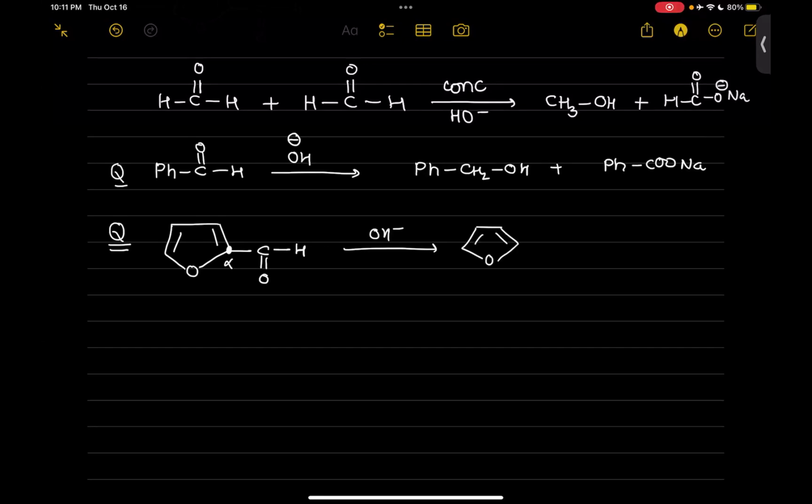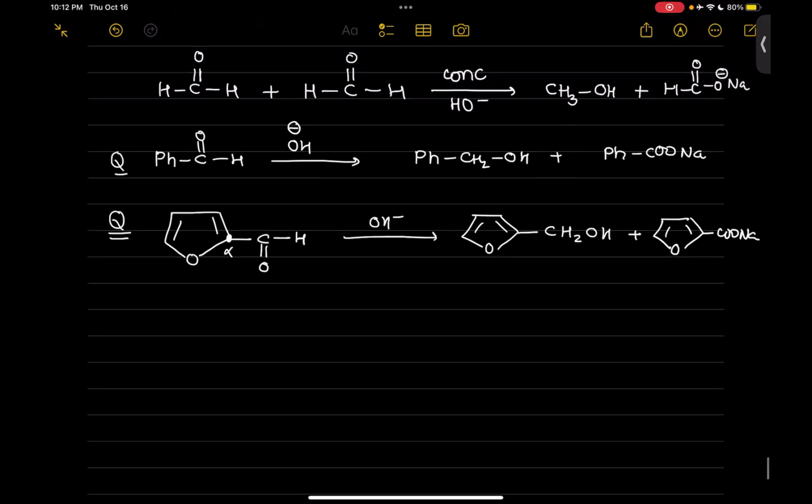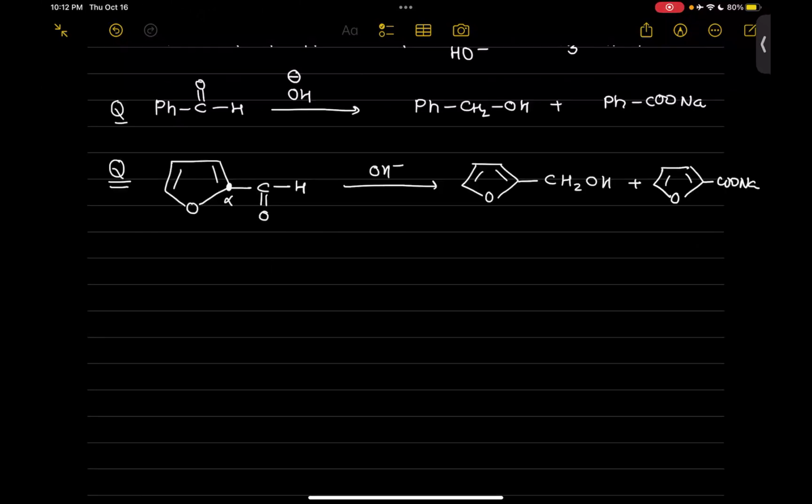Just keep the remaining part as it is. And in Cannizzaro, you make one aldehyde molecule into alcohol, and another aldehyde molecule is converted to carboxylic acid. Very easy to write the product. Clear? The problem may appear a little bit when you have a cross Cannizzaro reaction. What do you mean by cross Cannizzaro reaction?